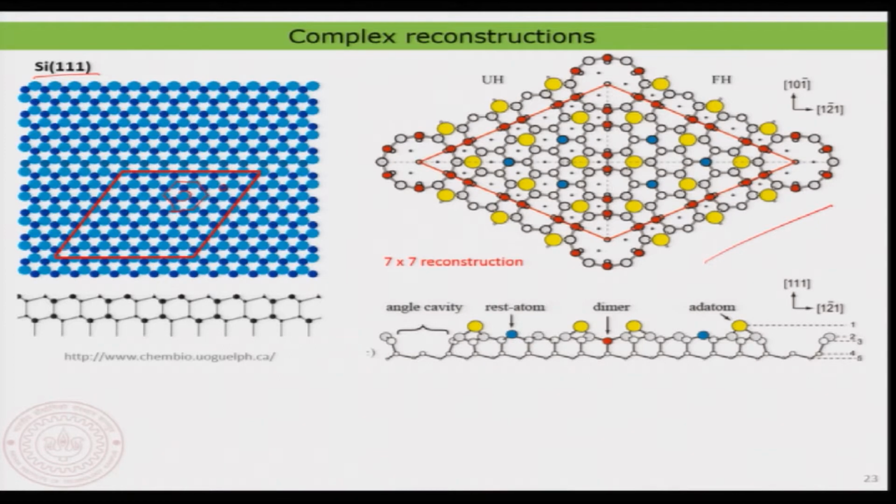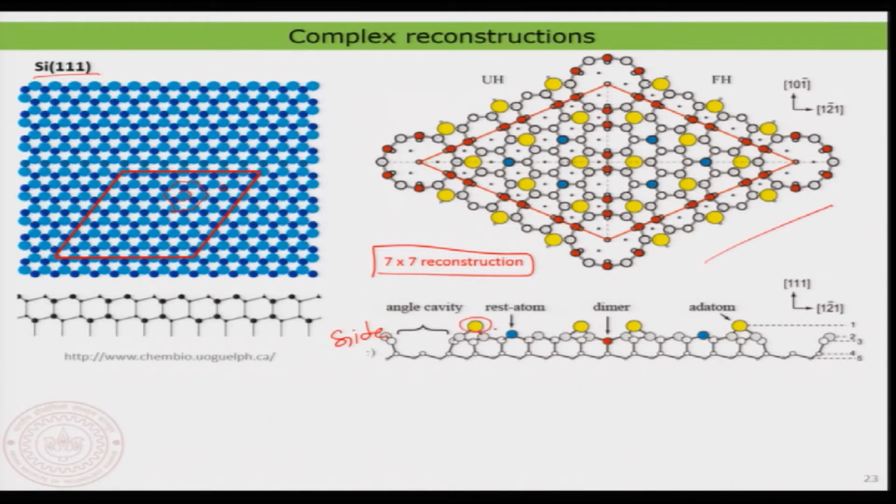What you have to follow is this red line here, that is the unit cell which is finally converted to the reconstruction, and that is why it is known as a 7×7 reconstruction, because the periodicity after the reconstruction is 7 times the original unit lattice vector of the silicon 111 surface in an ideal case.